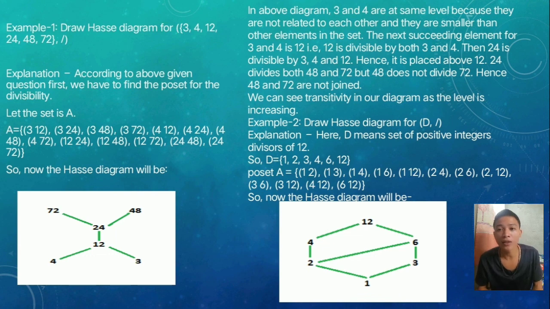So the partially ordered set A is equal to (1,2), (1,3), (1,4), (1,6), (1,12), (2,4), (2,6), (2,12), (3,6), (3,12), (4,12), and (6,12). So now, this diagram will be 12 to 4 and 12 to 6, 4 to 2 and 6 to 2, 6 to 3, and 2 to 1 and 3 to 1.